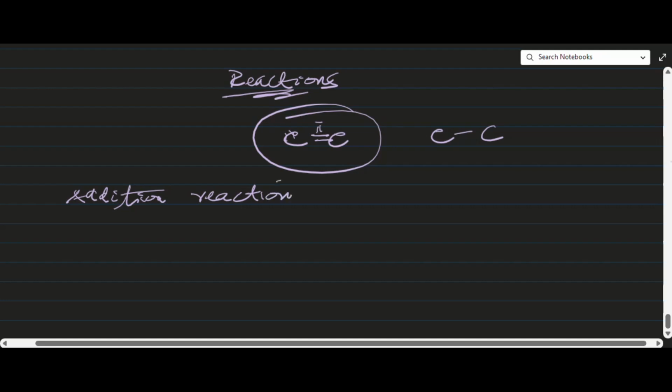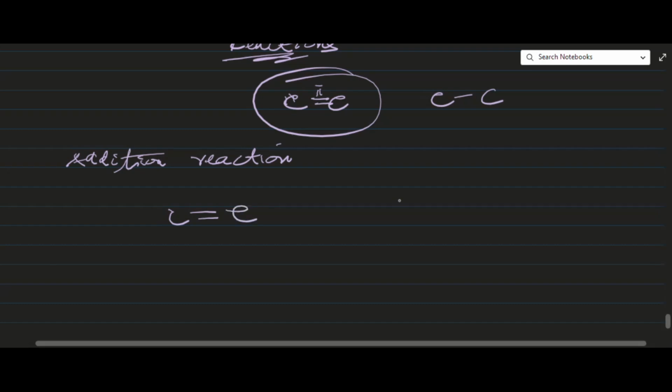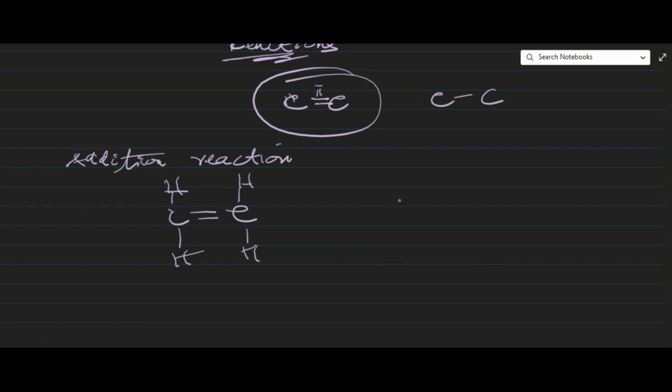So when we say addition reaction, it's like when you have a carbon to carbon double bond, and then you add atoms across the bond. You add one atom to this carbon, another atom to this one. For example, let's say this is ethene. Ethene has 4 hydrogen atoms and 2 bonds between the carbon atoms.